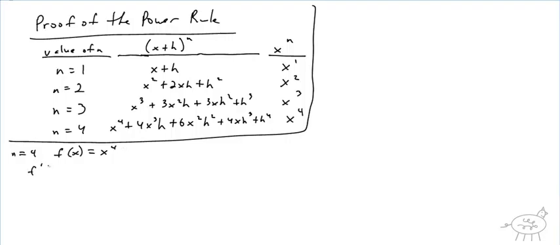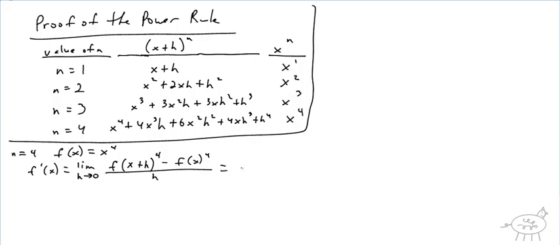So f prime of x is equal to the limit as h approaches 0, right using our definition of the derivative, of f of x plus h to the fourth power minus f of x to the fourth power over h.